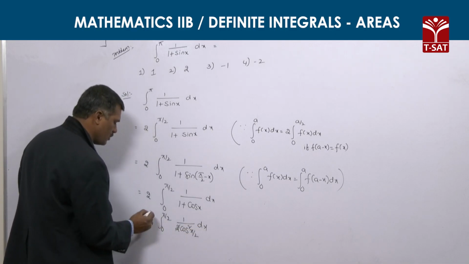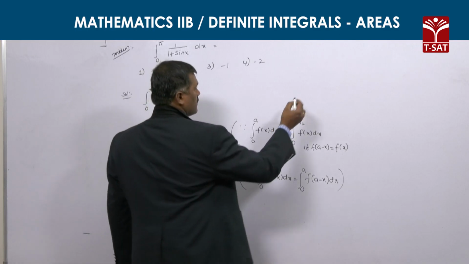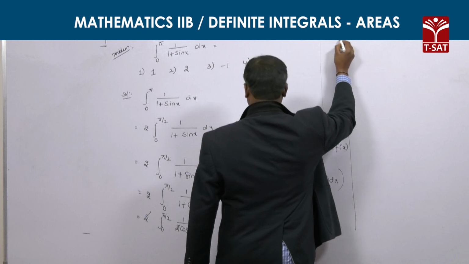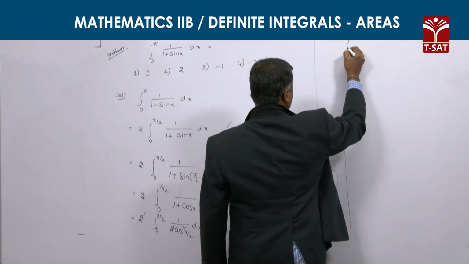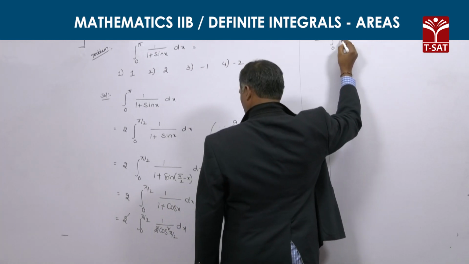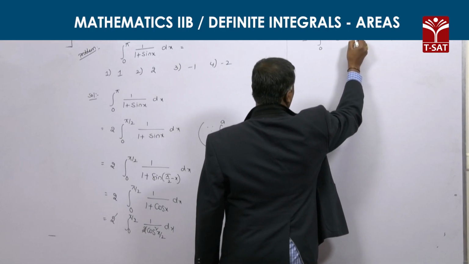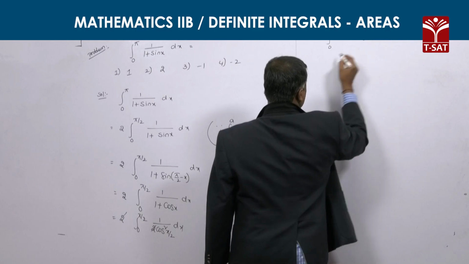Here denominator 2 and numerator 2 cancelled, that is equal to integral of 0 to pi by 2 1 by cos square x by 2, which is secant square x by 2, dx.